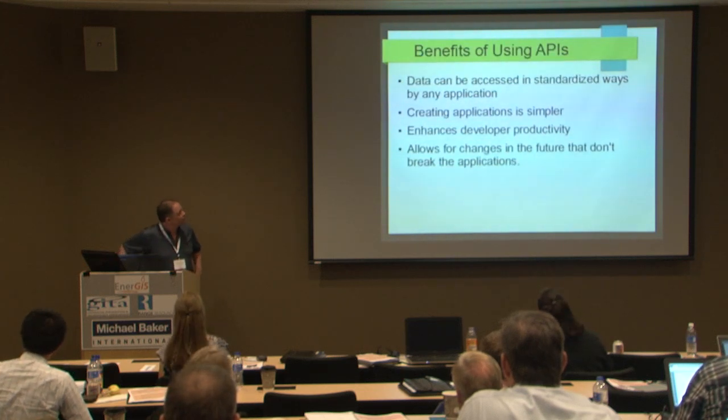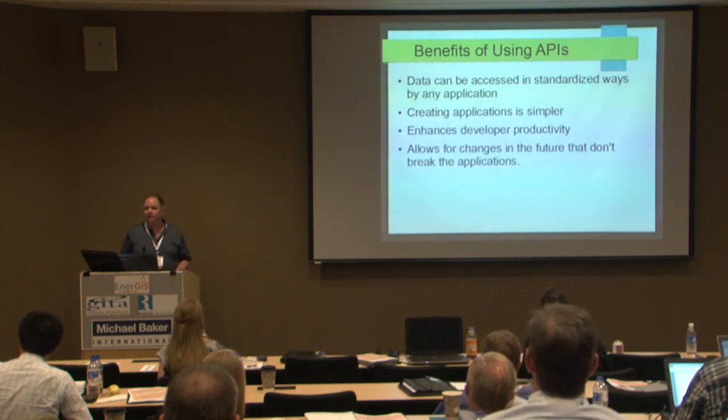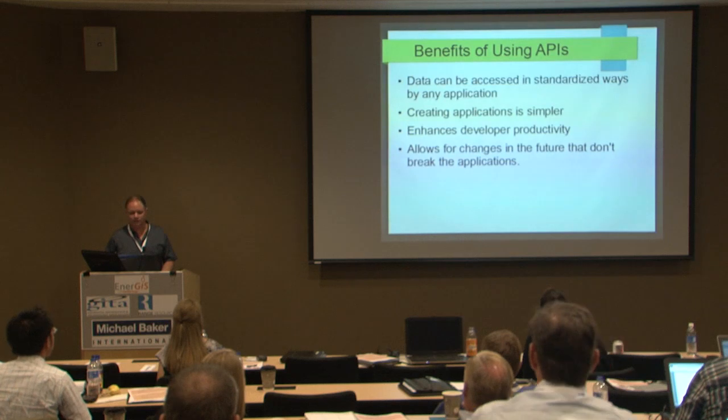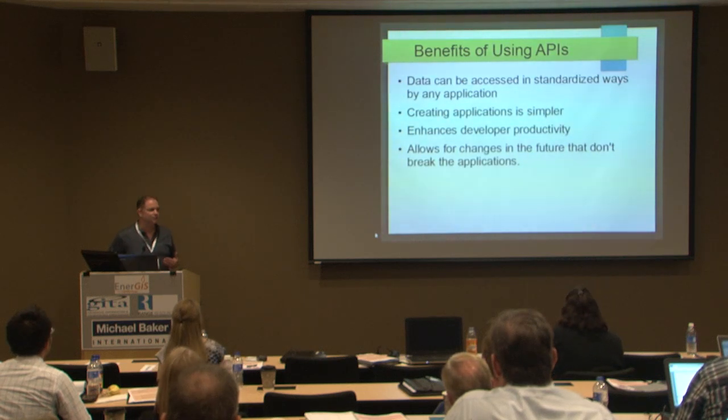Okay, so some of the benefits: like I said, you can access your data in a standard way from any application. Up front, you have to decide how you're going to build the APIs and how you're going to access them. But once you have that in place, it makes building applications much, much easier because you don't really have to worry about the data. You know how you're going to access it.